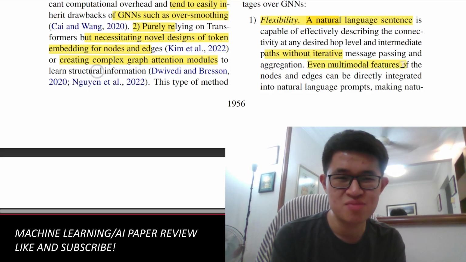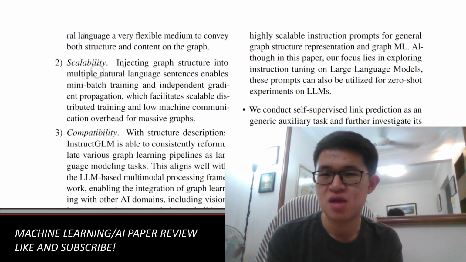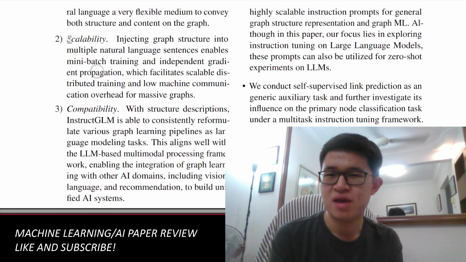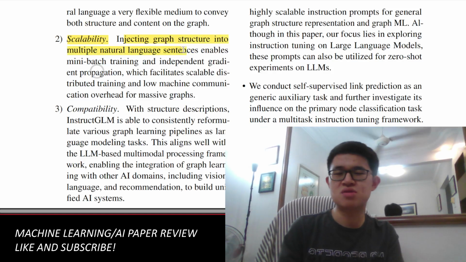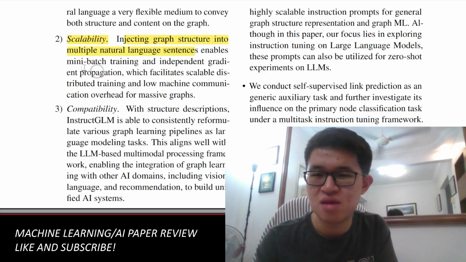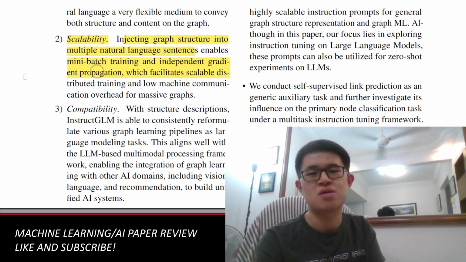Okay, even multimodal features of nodes and edges can be directly integrated into natural language prompts, making natural language a flexible medium for graphs. And secondly, scalability. Injecting graph structure into multiple language sentences enables mini-batch training and independent gradient propagation, which facilitates scalable training.